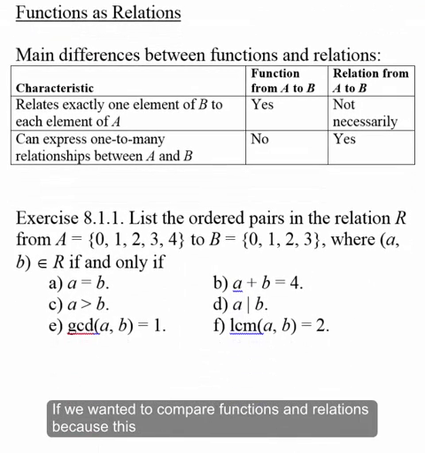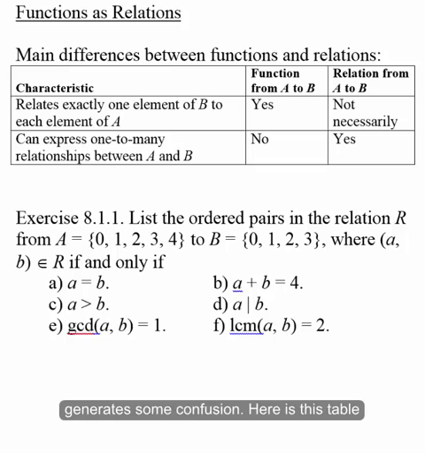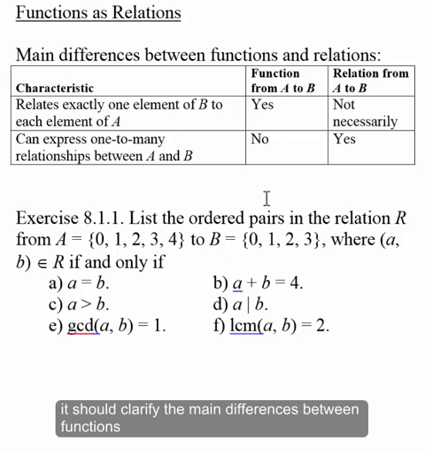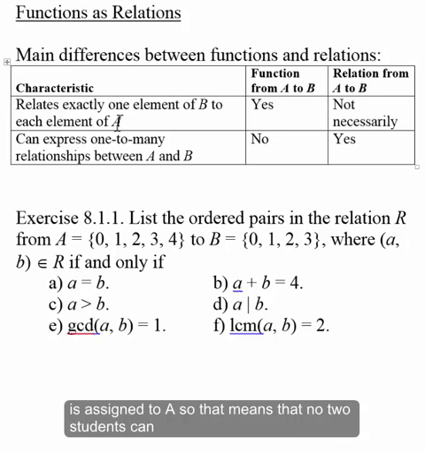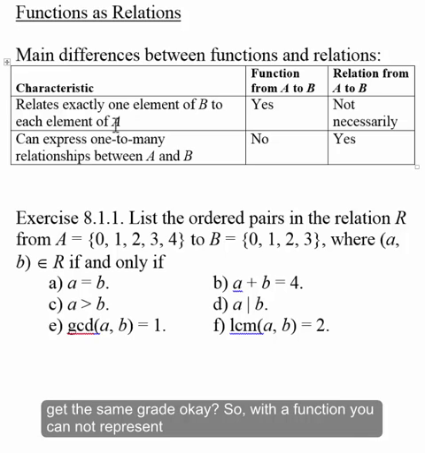If we wanted to compare functions and relations, because this generates some confusion, here is this table. It should clarify the main differences between functions and relations. If you think about functions, remember that exactly one element of B is assigned to A. So that means that no two students can get the same grade.